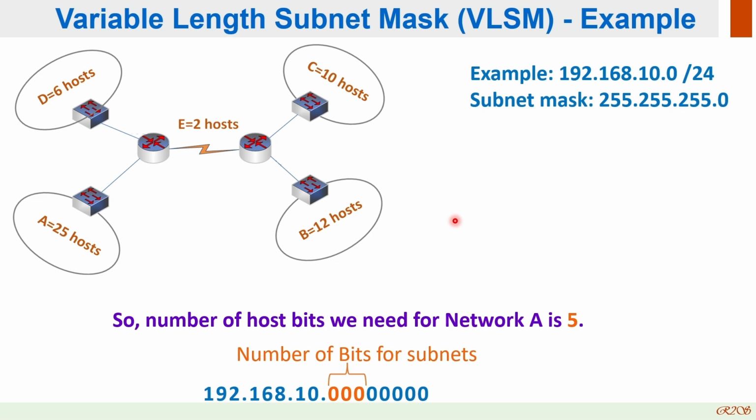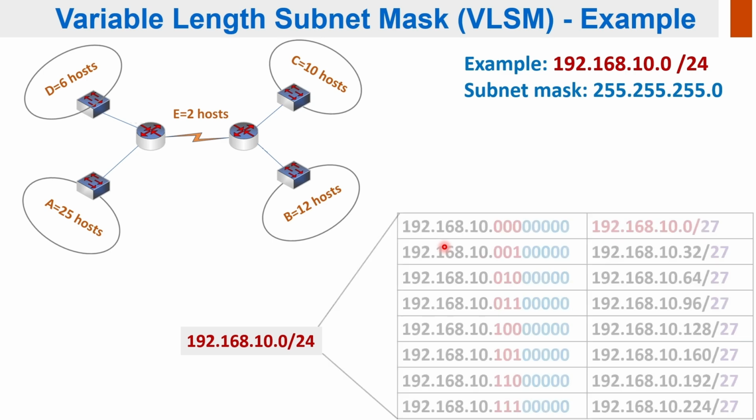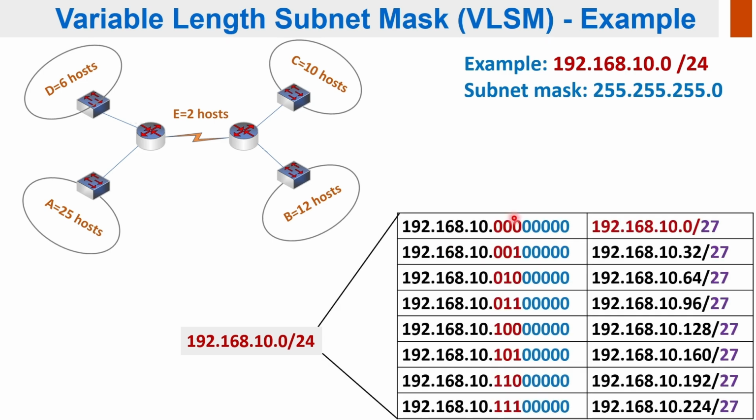So out of 8 bits we need 5 bits for this largest network. So 3 bits are remaining. So 3 bits we are borrowing for the subnetwork. If we borrow 3 bits for subnetworks, we can have 8 subnetworks. So 000, then 001, and so on, gradually from all 0 to all 1. So we get 8 subnetworks.